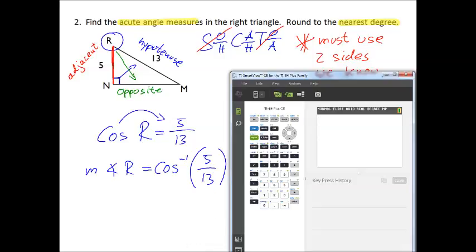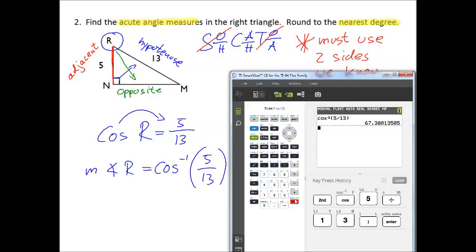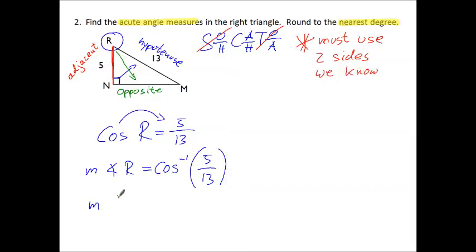So let's use our calculator to find it. Inverse cosine of 5 divided by 13, close parentheses, and enter. And that means 67.38. Rounding it to the nearest degree, the measurement of angle R is approximately 67 degrees. Do not forget your degree sign.